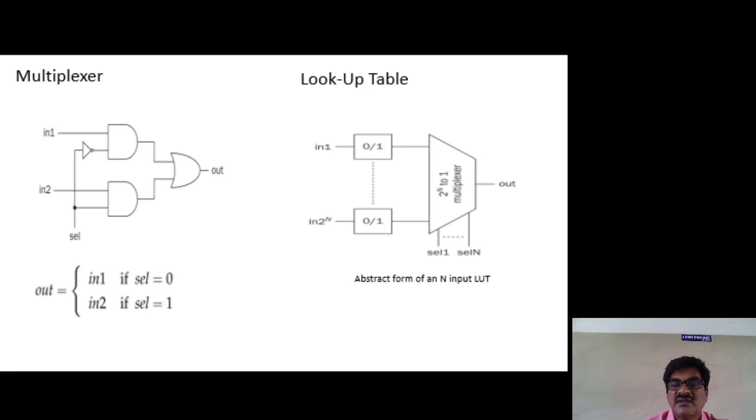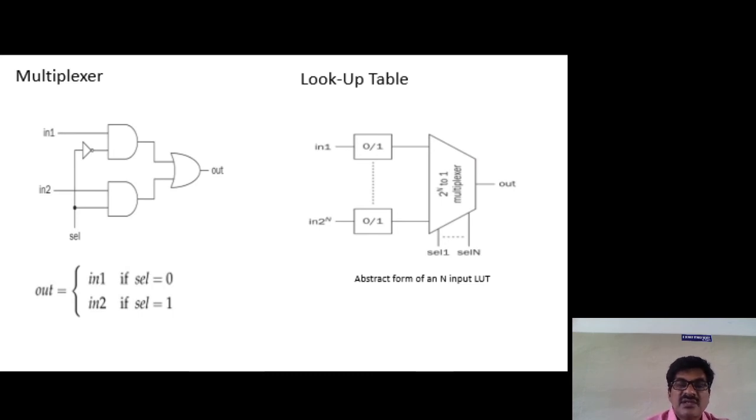Of course, here 2 power n inputs means an n select line multiplexer is there. So the multiplexer is 2 to the power of n to 1. This is the general structure for the lookup table.